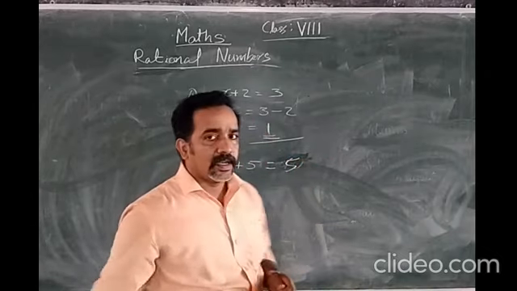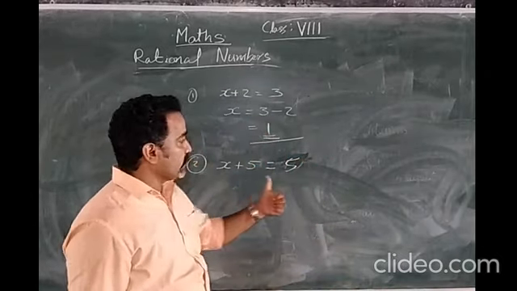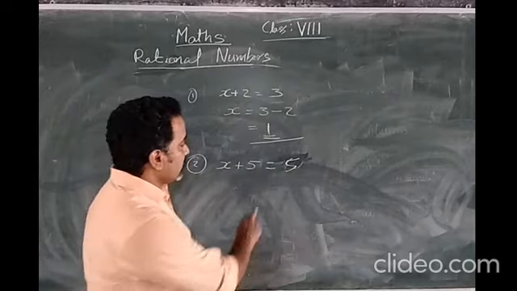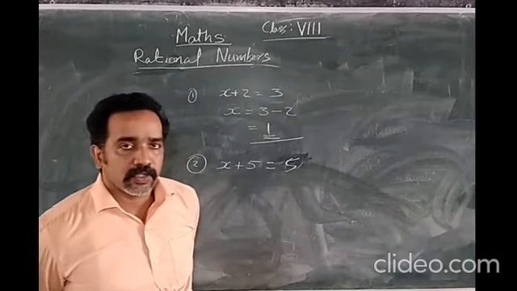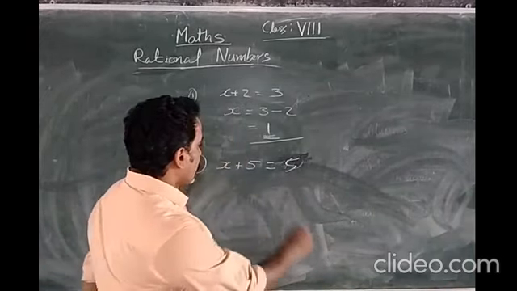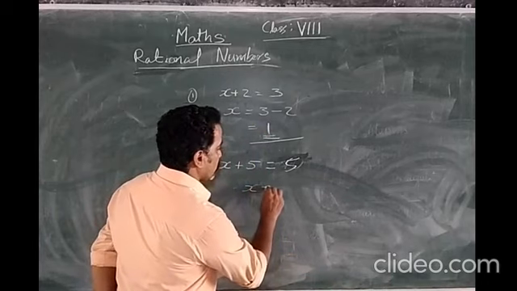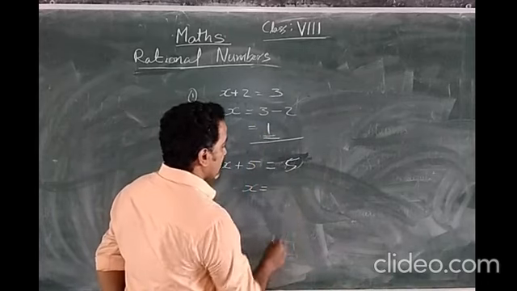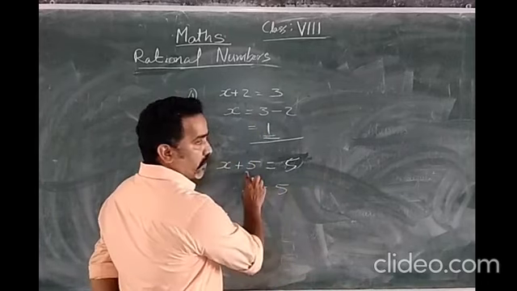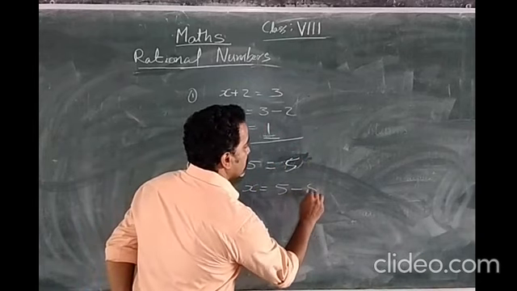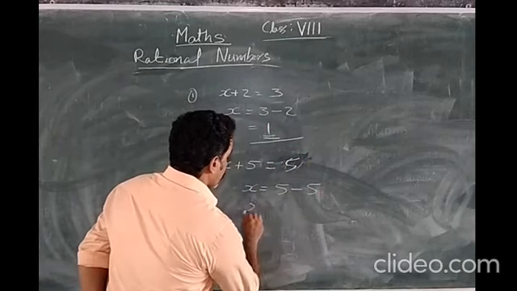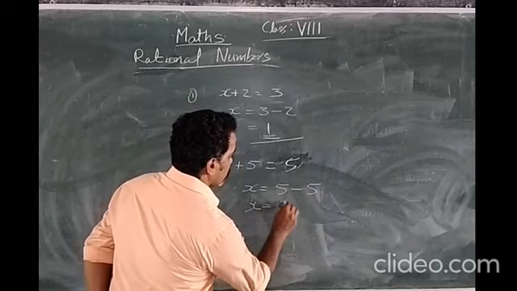Let us see. In this equation, when you solve it, what will you get? x is equal to 5 minus 5, transposing the 5 to the other side. When we transpose 5 to the other side, it becomes minus 5. So x is equal to 0.